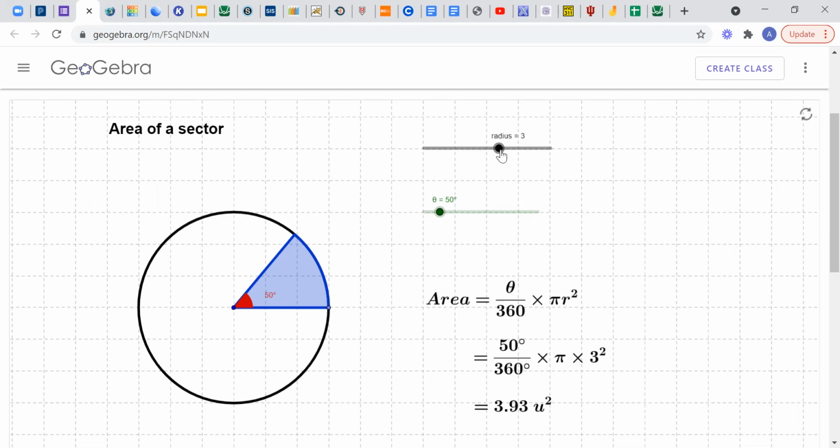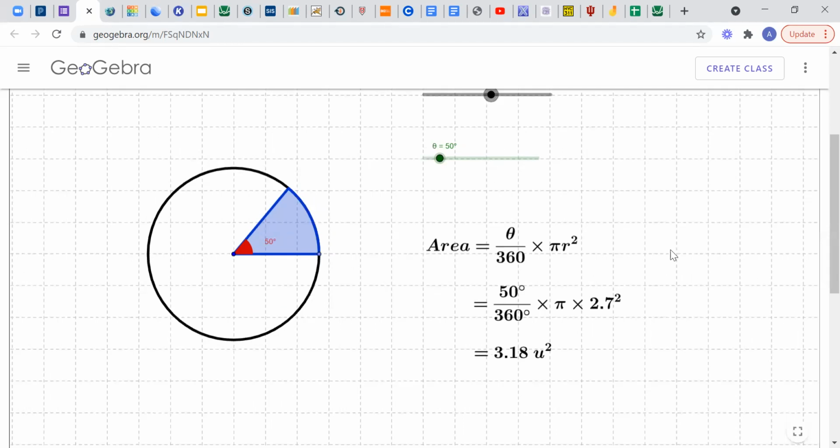So if I change r to anything, let me see. When I change r to 2.7, as you can see, the area changes as well. If I change the angle to 100, the area definitely changes, okay? Let me increase the angle. You're gonna see the area increase.